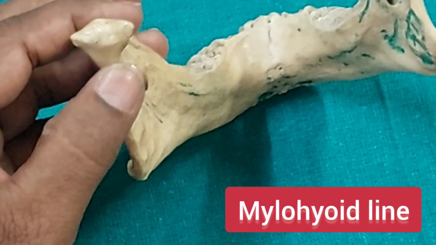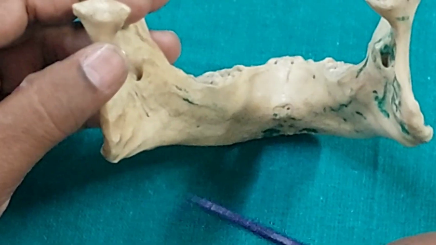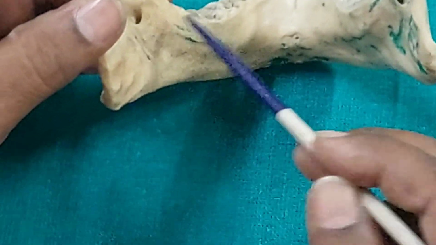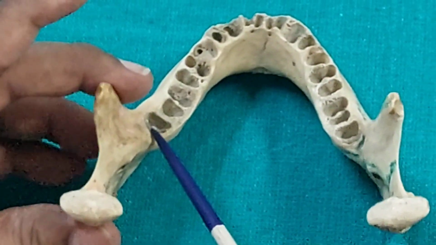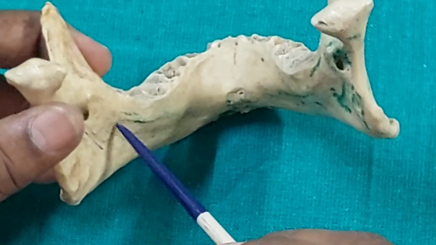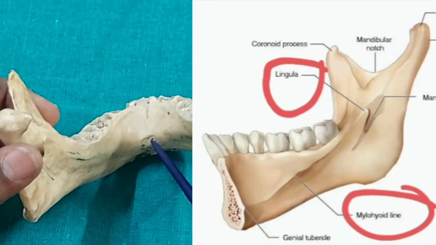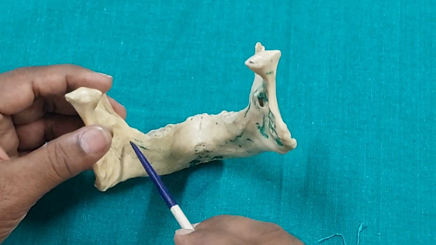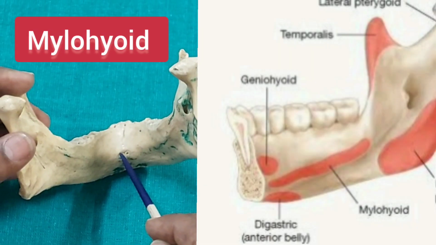The myelohyoid line extends from a point 1 centimeter from the alveolar border, behind the third molar tooth, and goes forward up to the symphysis menti. This is the line where you get the attachment of an important muscle, the myelohyoid muscle.